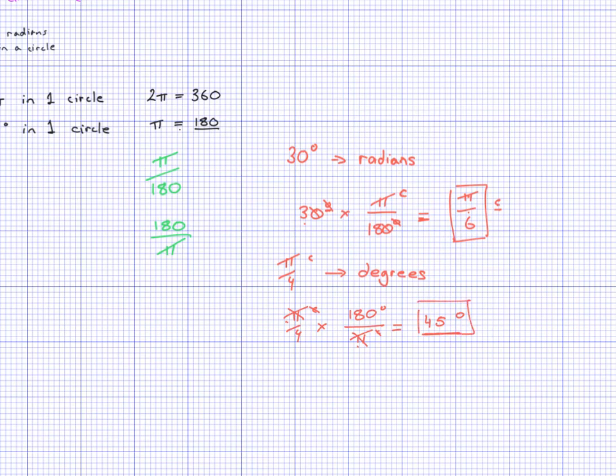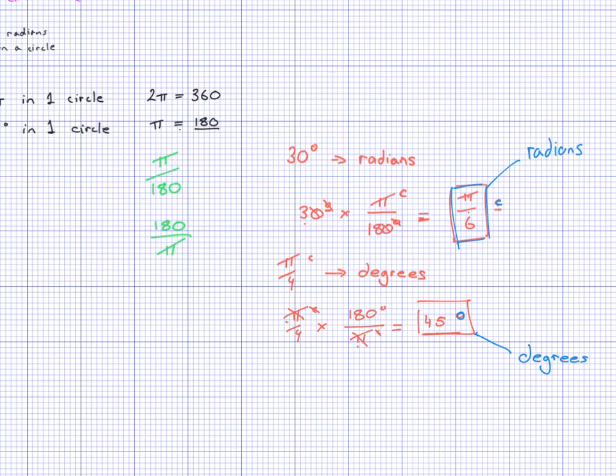So in general, and here's a good thing to remember for the future, if the angle has a pi in it, then you're most likely looking at radians. If the angle doesn't have a pi in it, you're most likely looking at degrees. That's only most likely. You need to very carefully read the question because they might give you a hint or tell you directly in there. And you also need to look for the symbols if they've been used.